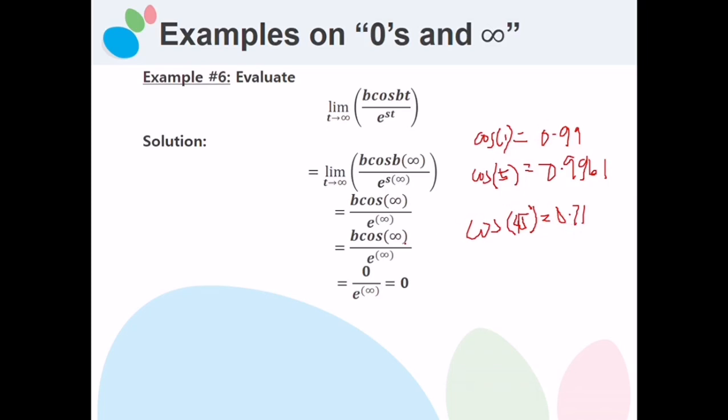So we could say that the cosine of an infinite number is 0.